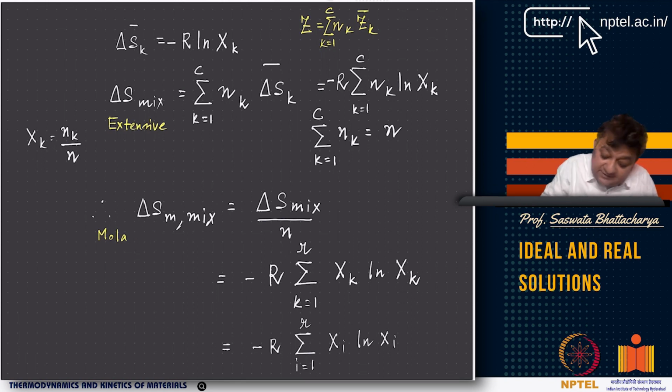So let us define this as the molar entropy of mixing. It's not partial molar. It is overall, but it's the entropy of mixing per mole.